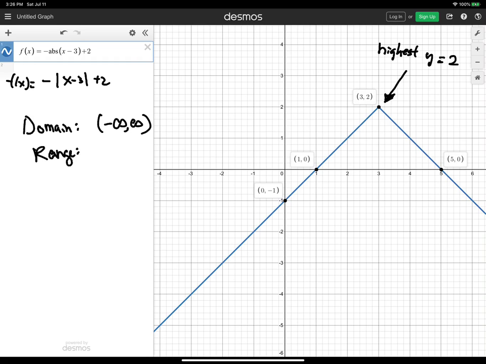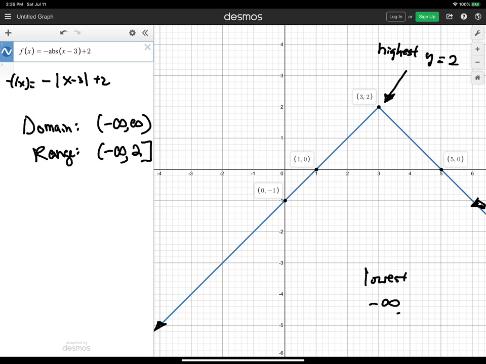Your lowest y value, these just keep going, so your lowest y value is negative infinity. So for the range, we'll go from negative infinity up to 2. And we include a 2 because that's an actual point on the graph. Okay?